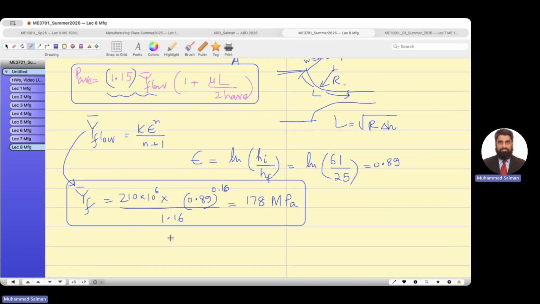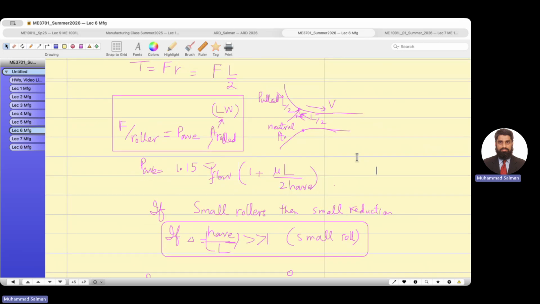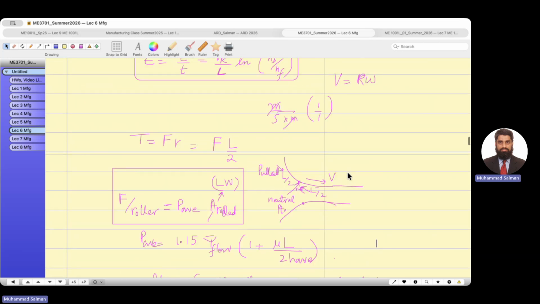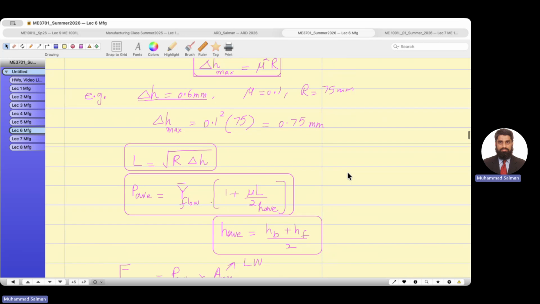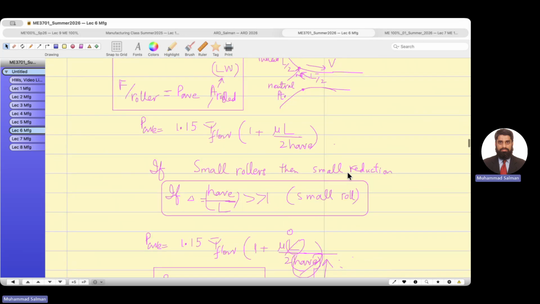But let's find out whether we have to use this formula or not, because let me show you. This formula can be used when you have large rollers. So whether they are large rollers or small rollers, we have to find it out using a formula over here.